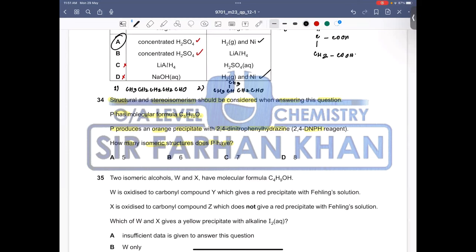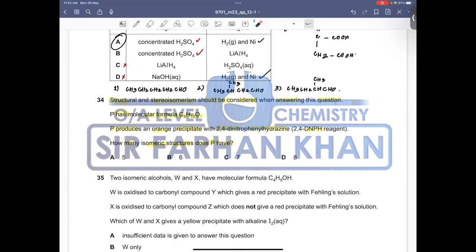This is CHO. Now in the third, this is CH3. This is CH2. This is CH, CH3, and then CHO. All right. Now what I did is I have shifted CH3 to this carbon atom so that I'll get this isomer. Okay. There are 3 isomers of aldehyde.